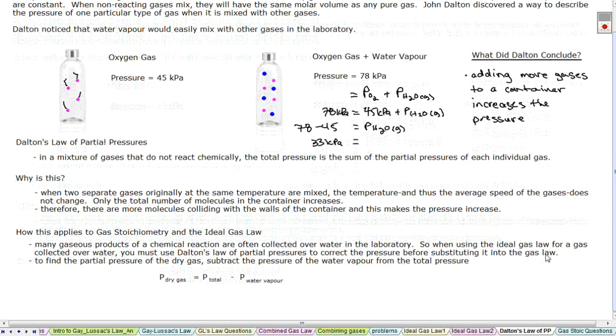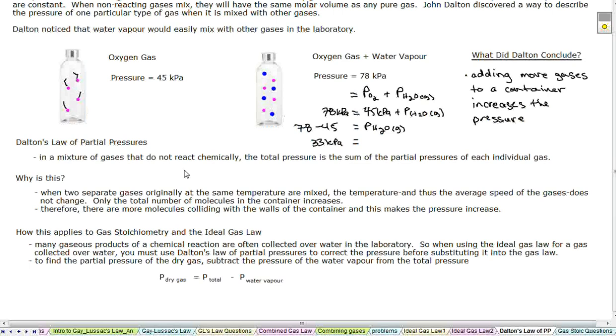To use the ideal gas law for any gas collected over water, you need to subtract the partial pressure of the water from the total pressure of the gas collected. Otherwise your results will be off, because you've got the added pressure of the water vapor.